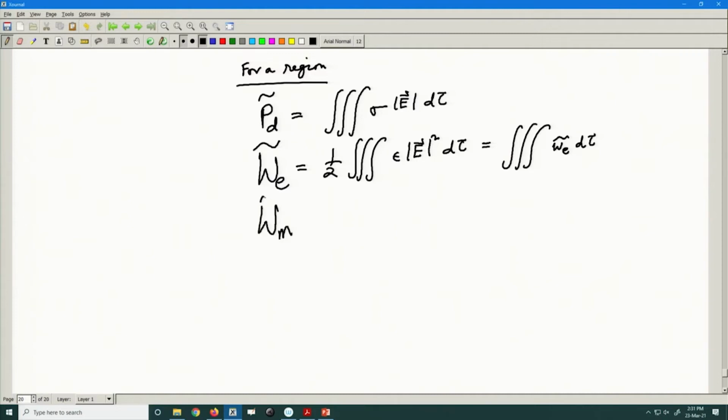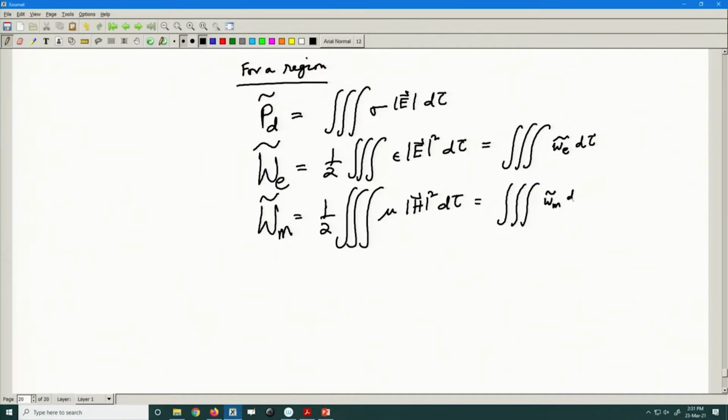W m tilde is half mu mod H square d tau, and big P s cap is similar to the instantaneous domain.